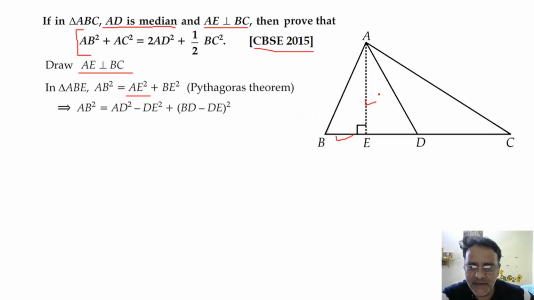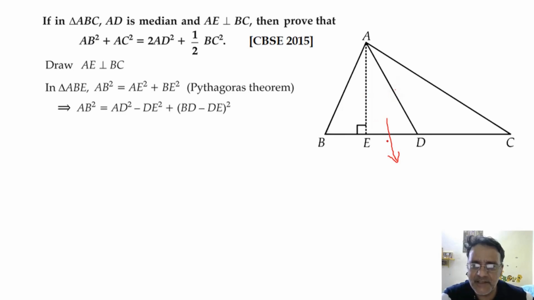If you take this triangle, what you can write AD square? AD square is equals to AE square plus DE square. So we can replace AE square by AD square minus DE square. In the same step, BE we can write BD minus DE.